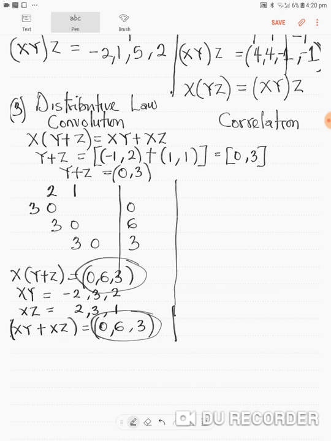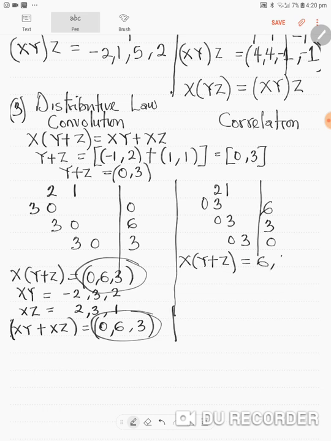So we put 2, 1 and we put 0, 3. Here we don't time reverse anything, so 3 times 2 is 6, 0, 3, 3 times 1, 0, 3, and you have this. So x into bracket y plus z is equal to 6, 3, 0.